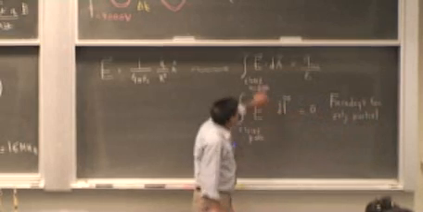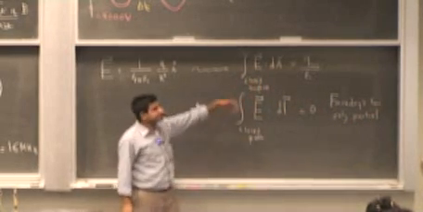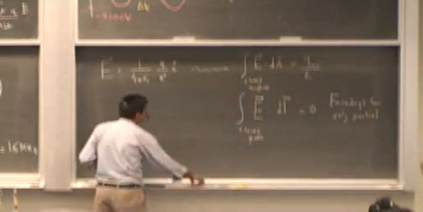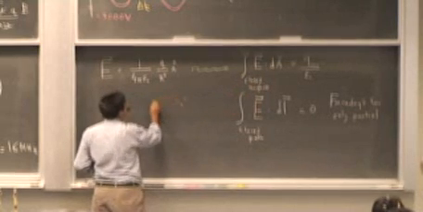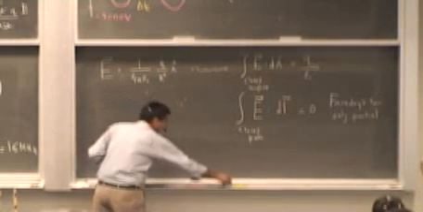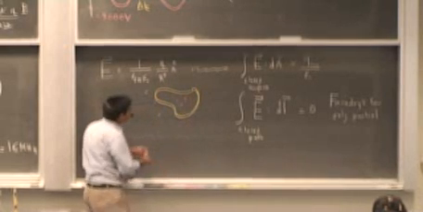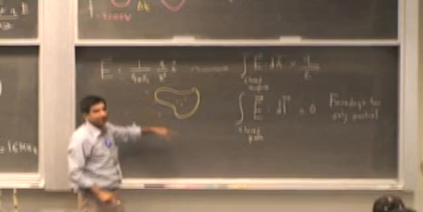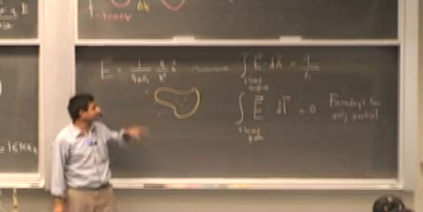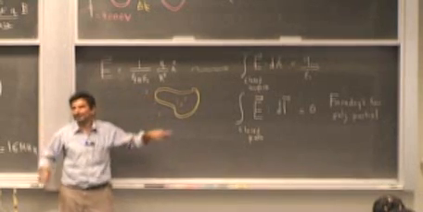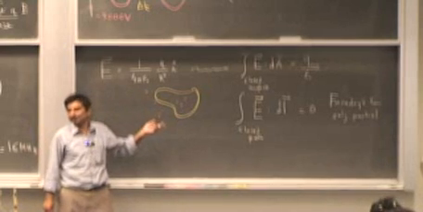Okay? Now this law tells us that if I have charges anywhere, a distribution of charges, and I make a closed surface around some charges, then the total flux passing through this Gaussian surface will only depend upon the charge enclosed by the surface, and it will not depend upon the charges outside the surface.